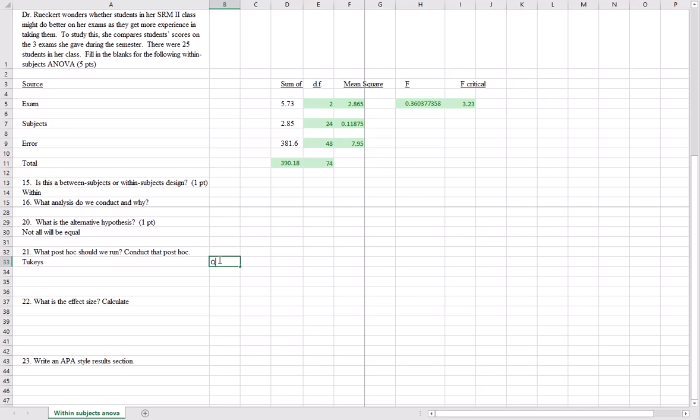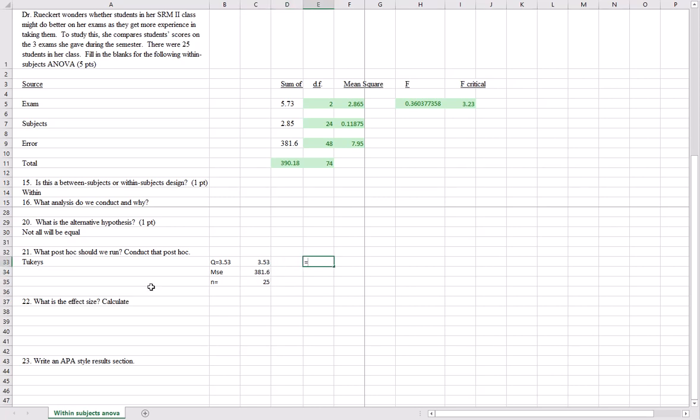It's going to be 3.53. We have our MS within, our MS error, 381.6, and our little n, which is how many people are in the class, 25.